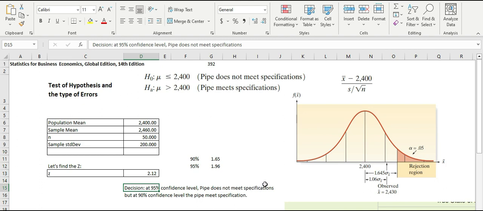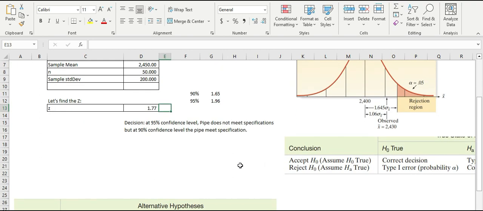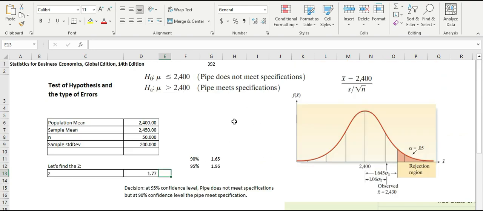Since we've already discussed how to do hypothesis testing, let's discuss this one from the book. In this computation, 2,400 is the mu, the population mean, which is a parameter.